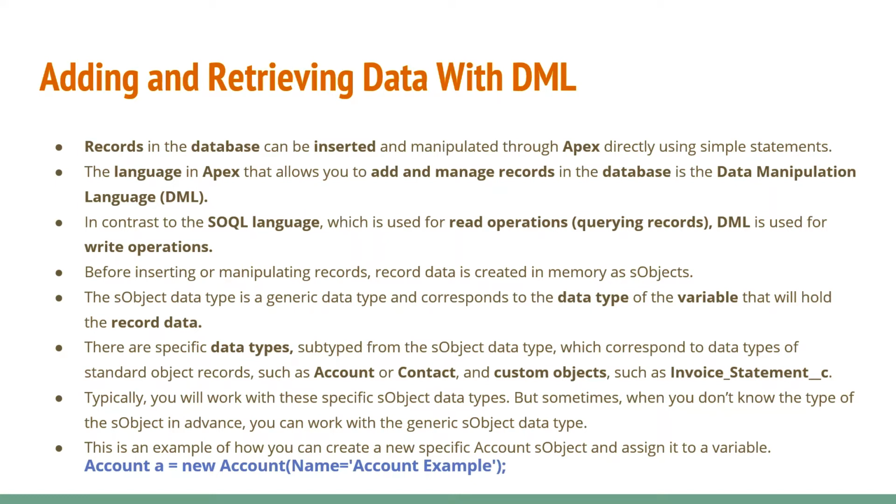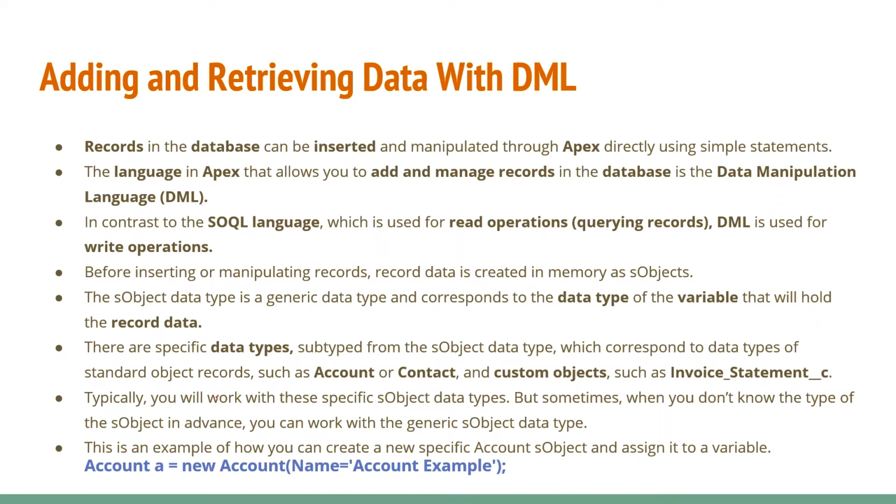Like if we want data from contact, then the variable in which we want to store it should be of contact data type. Okay. There are specific data types subtyped from the sObject data type, which correspond to data types of standard object records such as Account or Contact, and custom objects such as Invoice_Statement__c.